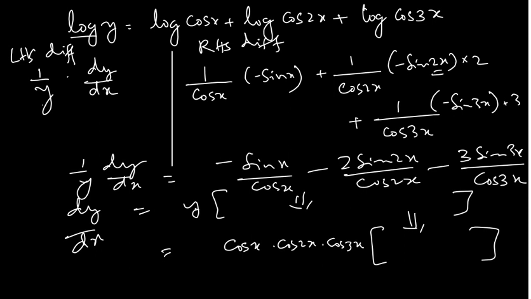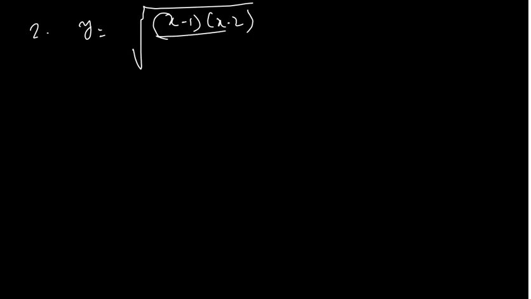Okay, so the next question, x minus 1 into x minus 2 divided by x minus 3, whatever, that is an example for a division. How do you simplify it? So y is equal to square root of x minus 1 into x minus 2 divided by x minus 3, x minus 4, x minus 5.